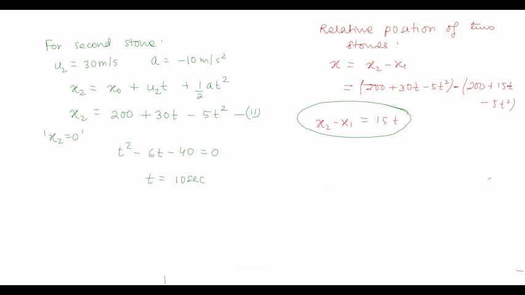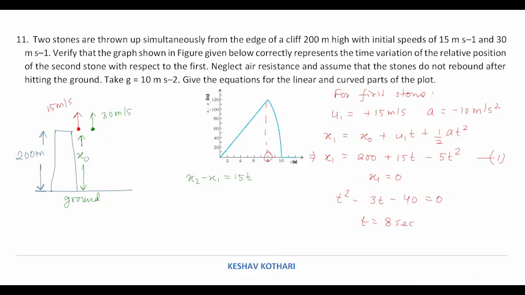So after 8 seconds, x1 will become 0. So we have x2 minus x1 as 200 plus 30t minus 5t square, which is an equation of a curved path, and hence the graph after the first stone strikes is a curved path.